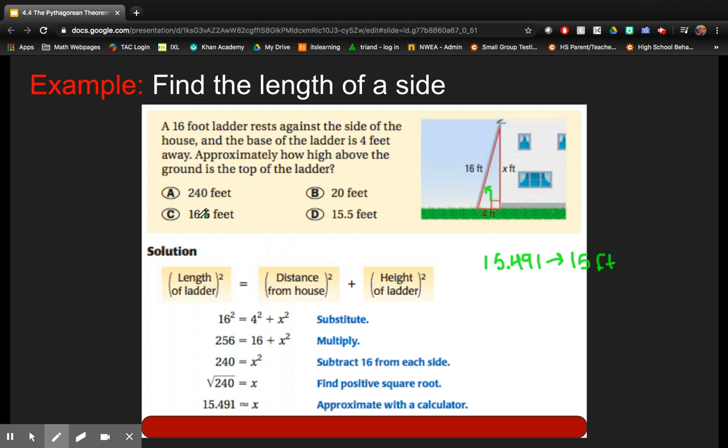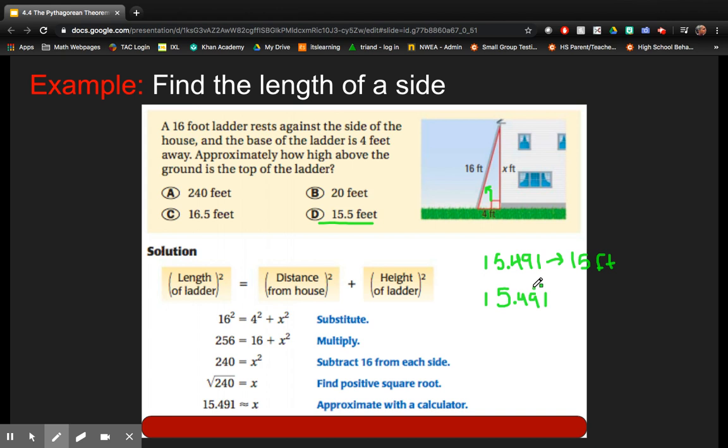But 15 feet is not part of my answers, so I look at another way to write my answers. If I take 15.491, and I see here that there's one that's 15.5, does 15.491 round to 15.5?